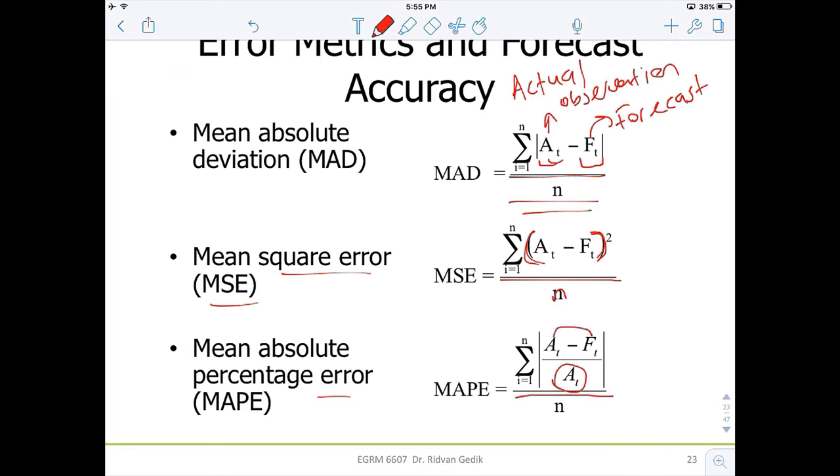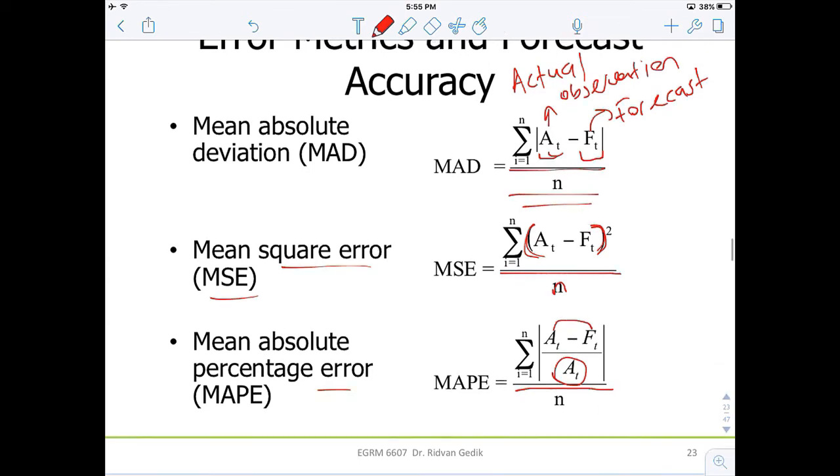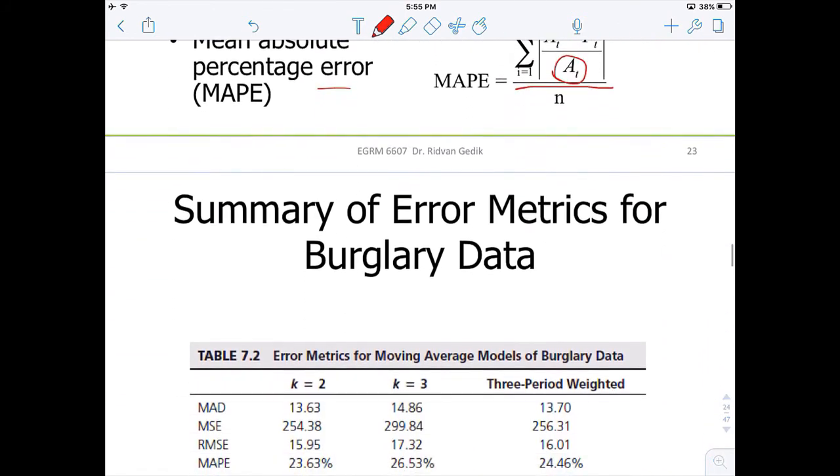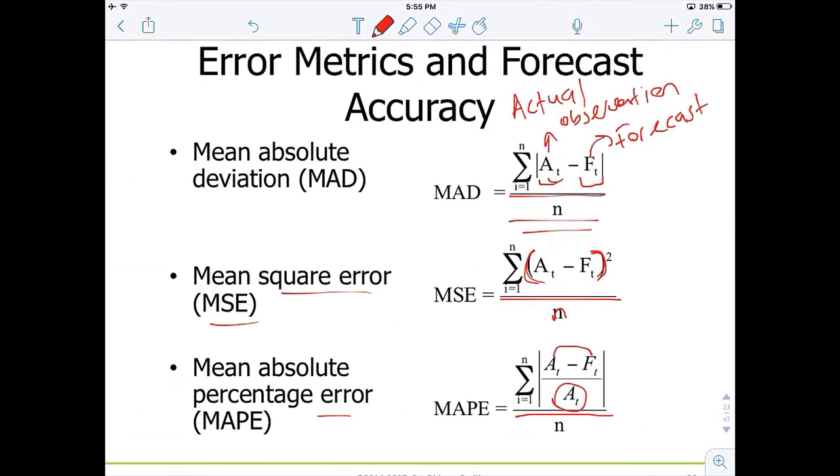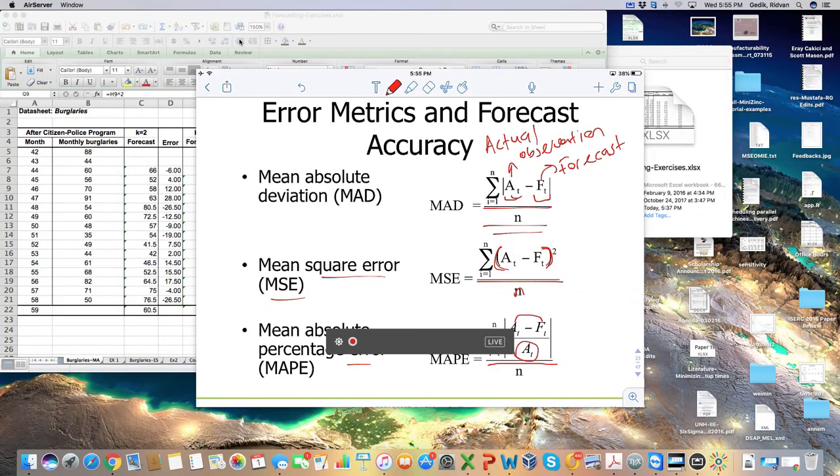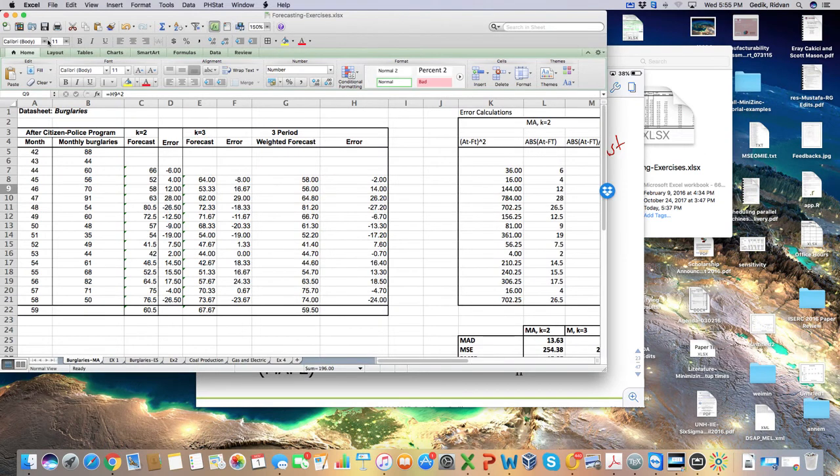Okay, it is also the average. Alright, so let's go to our Excel file and see what we are dealing with.